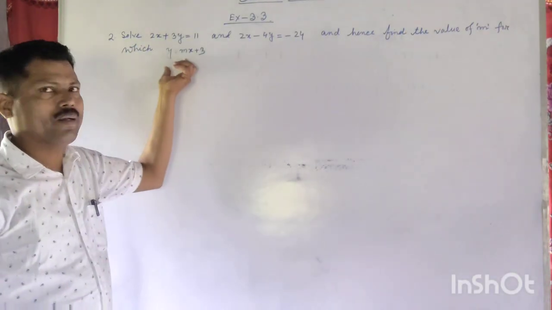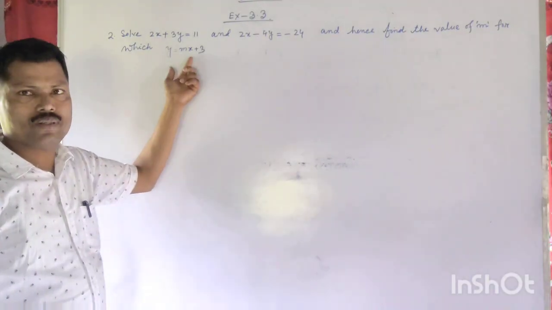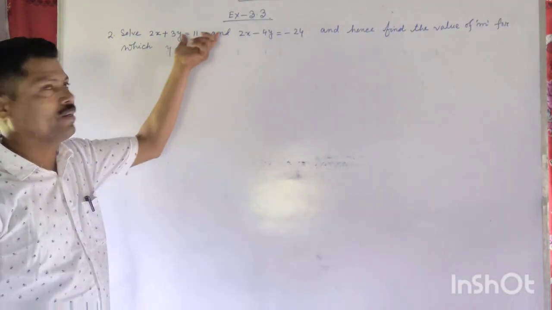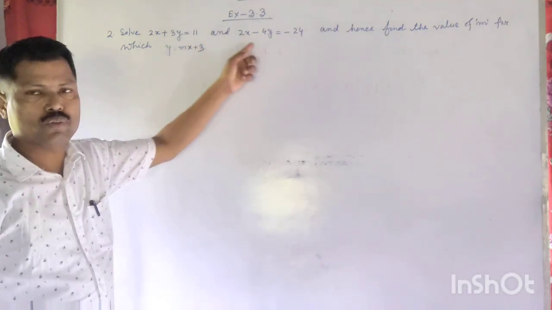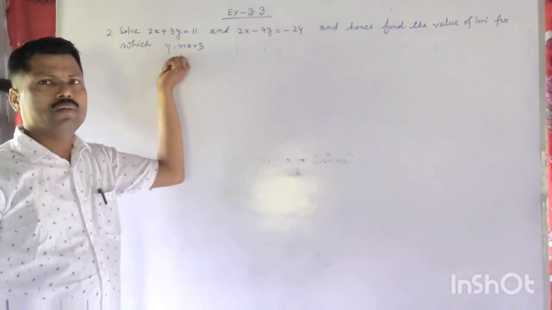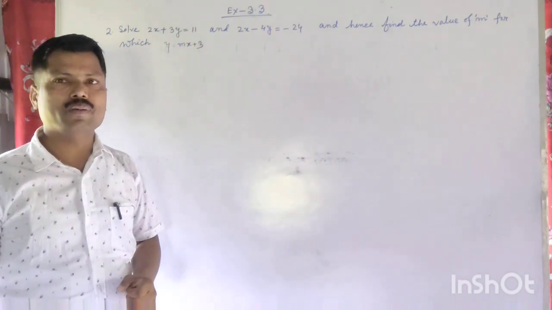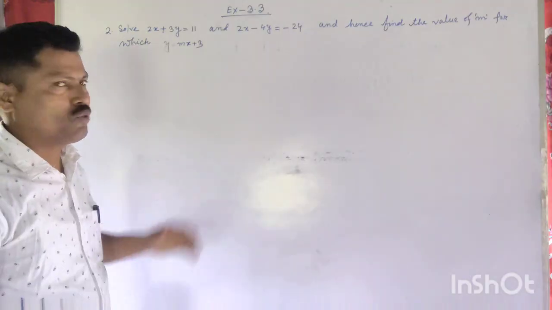At that time we will get the value of m. So here y and x, these two variables' values we will get from equation 1 and 2. After solving this, we just have to put the value of x and y in this third equation, then we will get the value of m. Let's solve now.